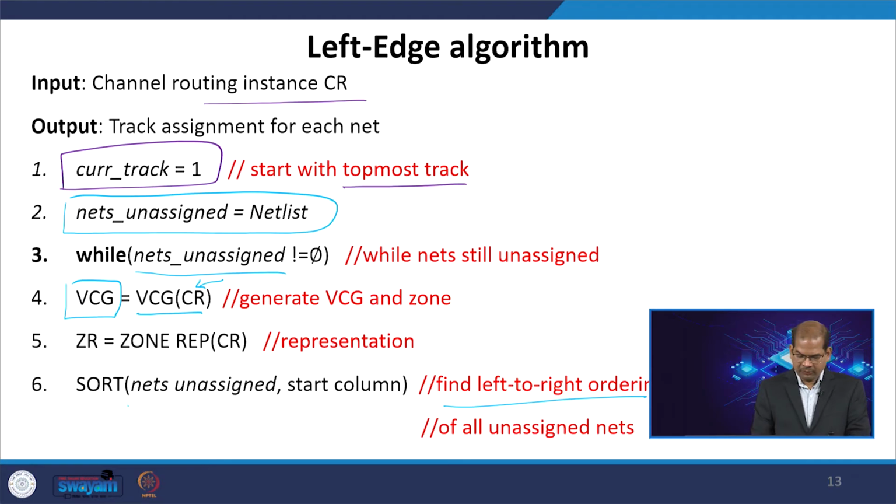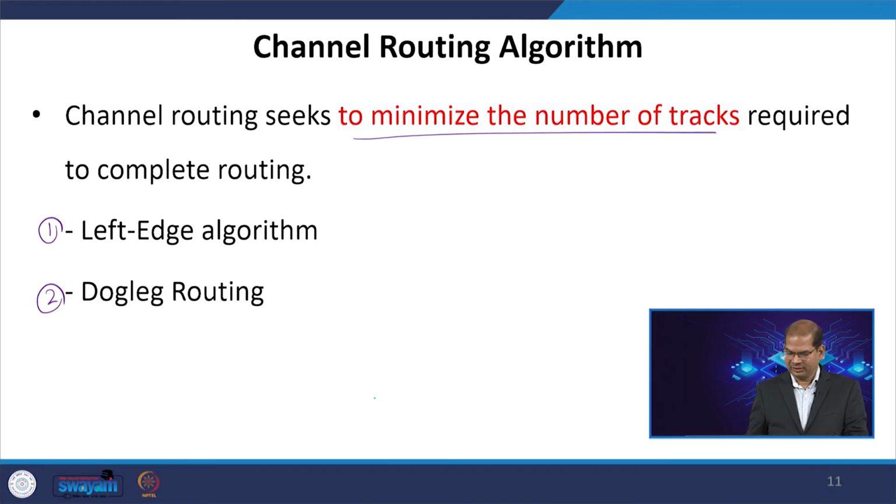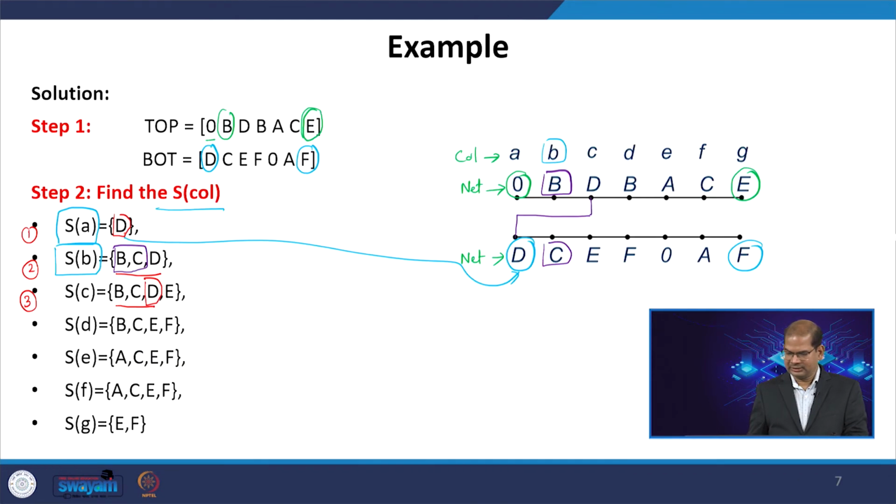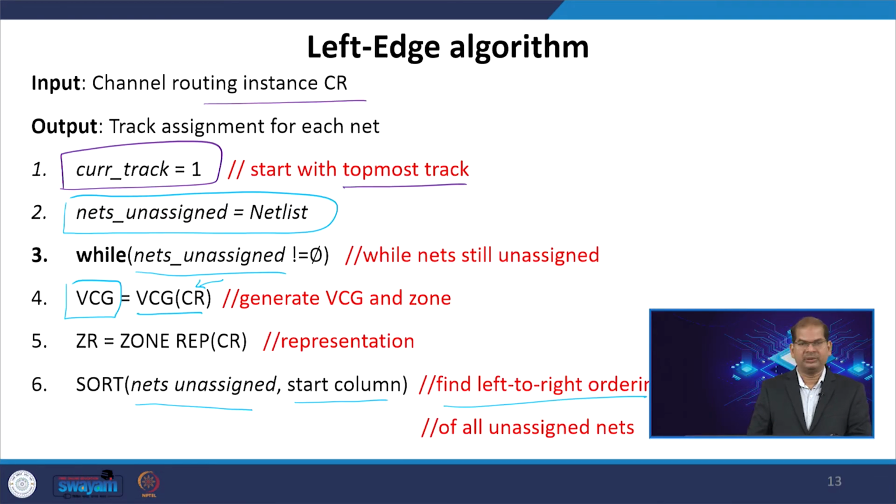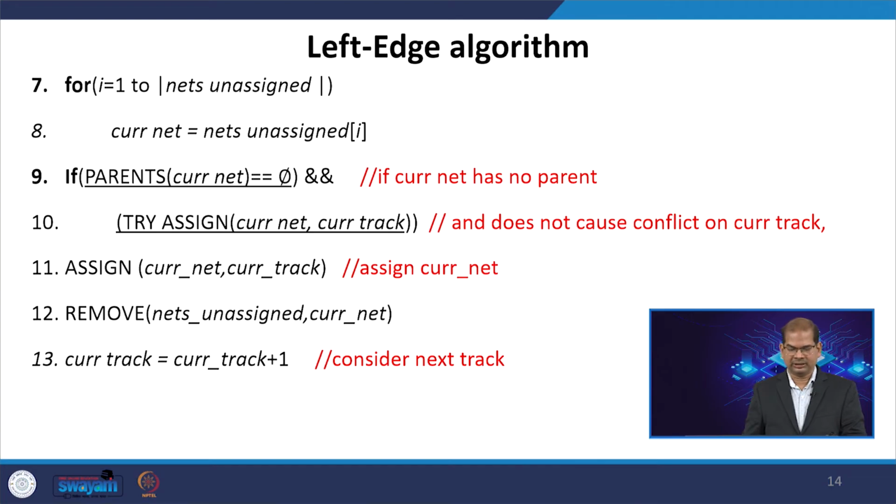Going inside are the unassigned nets and the start column. Start column means the first column, let us say in this example, it will start from the left side. You have all the nets and the start column is given, then it will take the left side net and do the assignments.